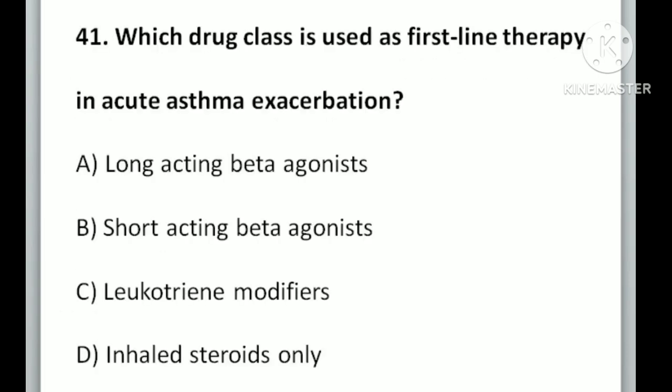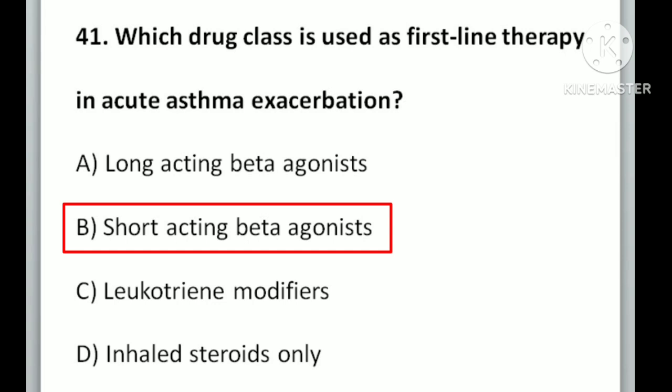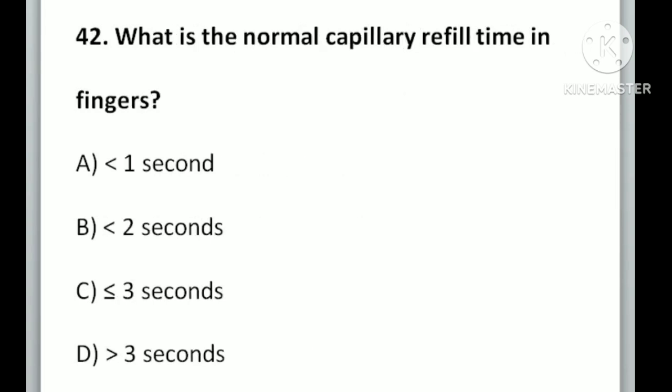41. Which drug class is used as first-line therapy in acute asthma exacerbation? Correct option is B. Short-acting beta agonists. 42. What is the normal capillary refill time in fingers?